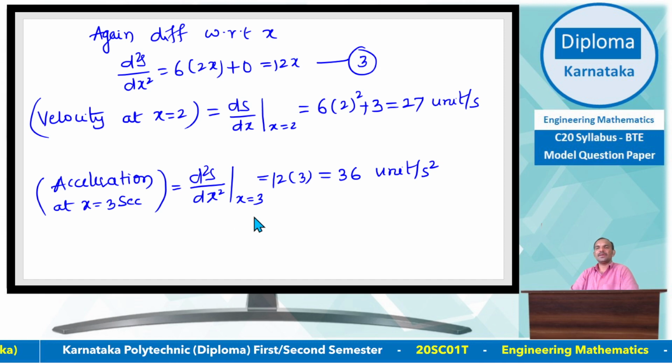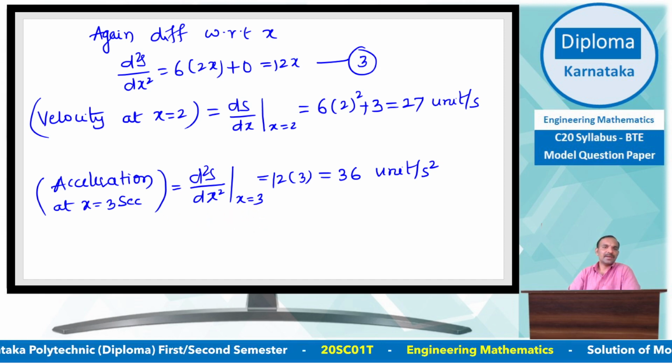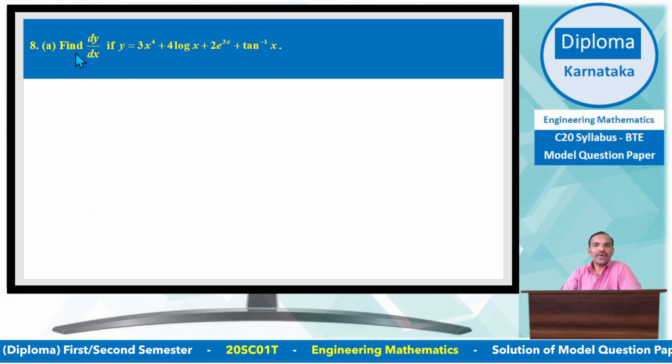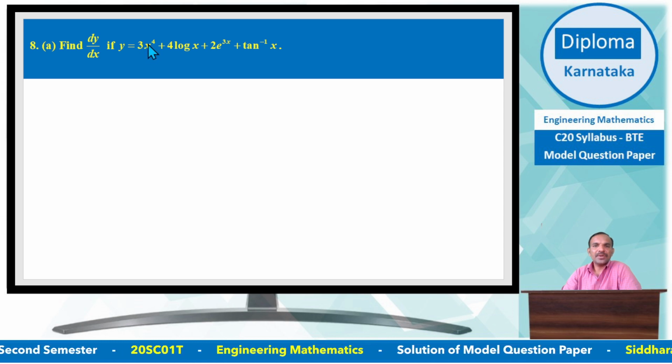That is question 7D. Next, 8A: find dy by dx if y equal to 3x to the power 4 plus 4 log x plus 2 e to the power 3x plus tan inverse x.